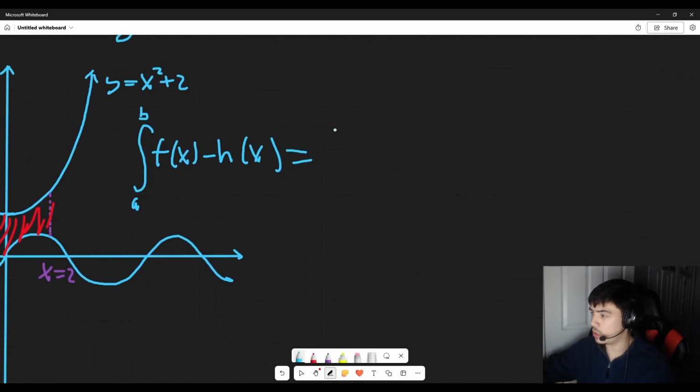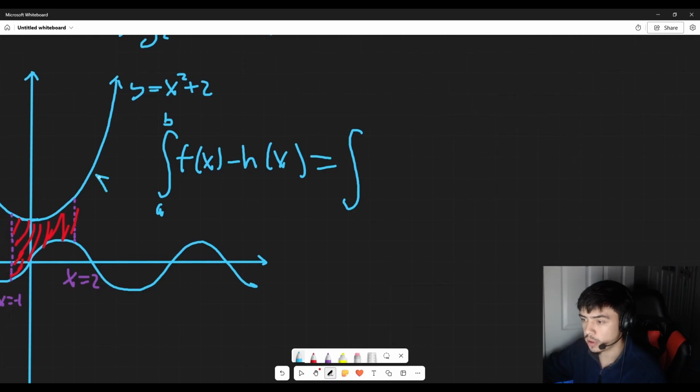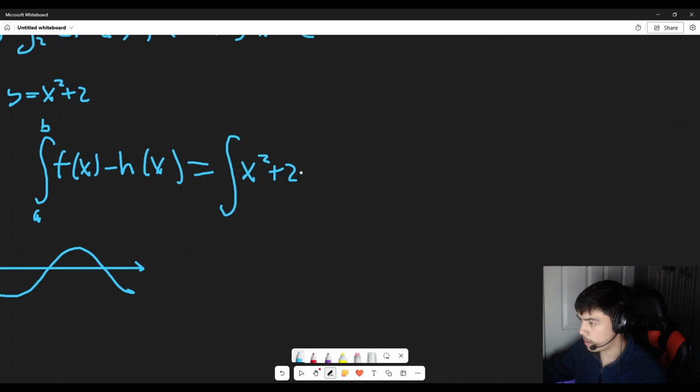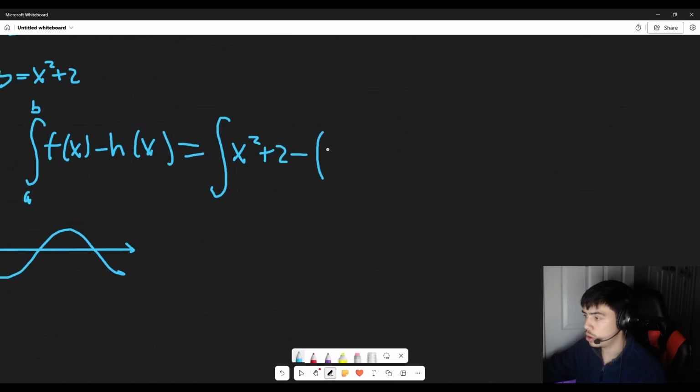So we can go ahead and write this integral out. We're going to do our top function, x squared plus 2, and then minus, and let's do parentheses just to show that we're subtracting it, our bottom function, which is just sine x dx.